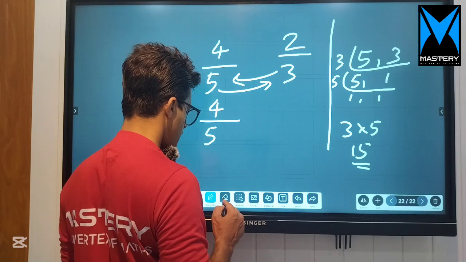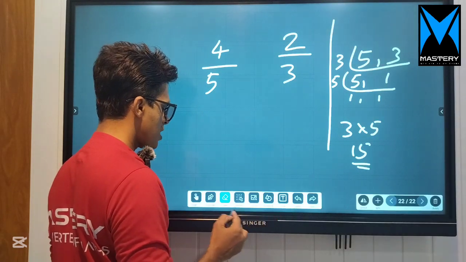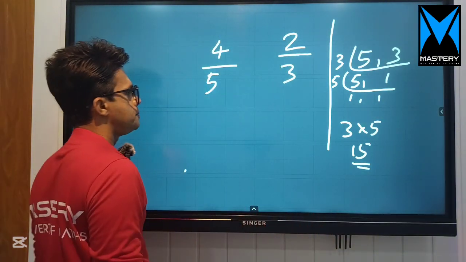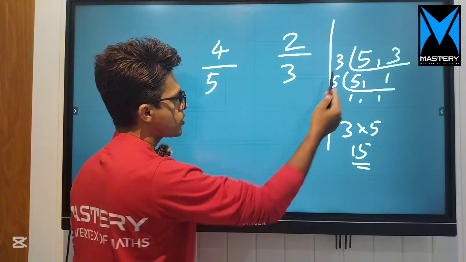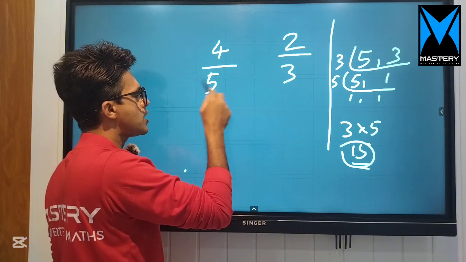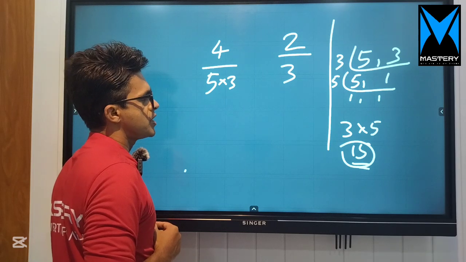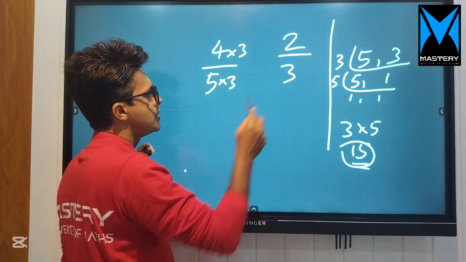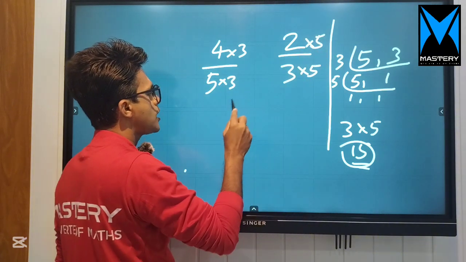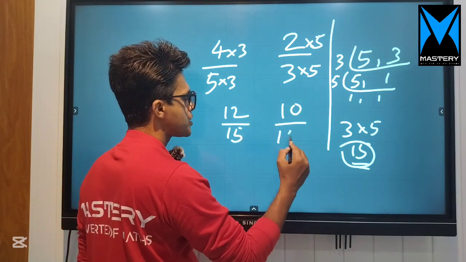We take the LCM of 5 and 3, that is 15, so as to compare these fractions and find the greater fraction. To get 15 here, we need to multiply by 3, and here by 5. So 4 times 3 is 12, 5 times 3 is 15, 2 times 5 is 10, 3 times 5 is 15.